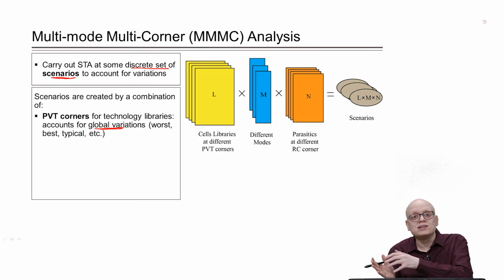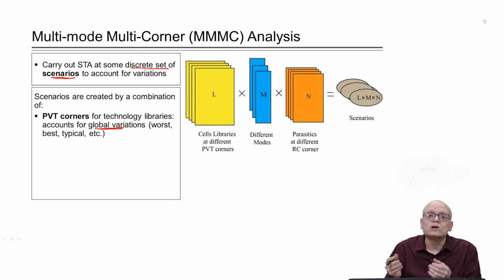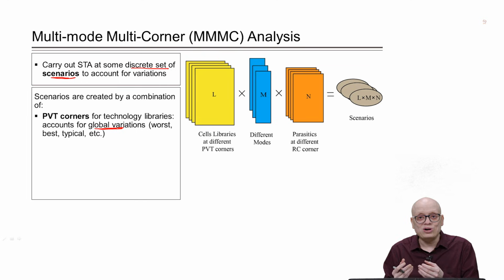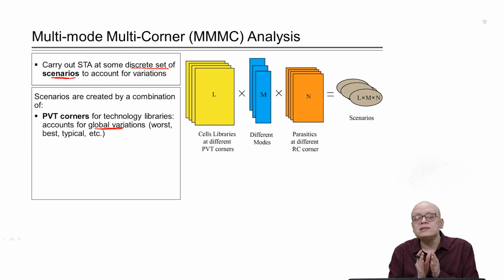All the devices in our circuit are fabricated such that they take the worst delay or the maximum delay, or the best delay, or the typical delay. If the variations are of global type, then we do not have only one library, but we have a set of libraries for various corners.